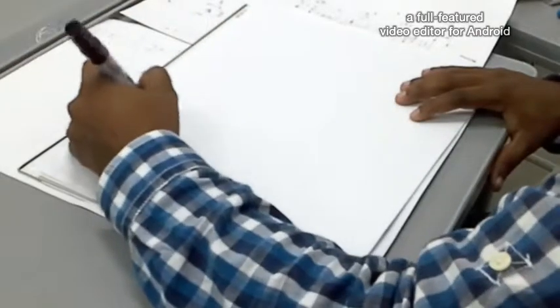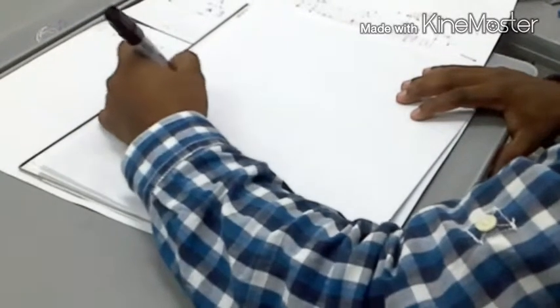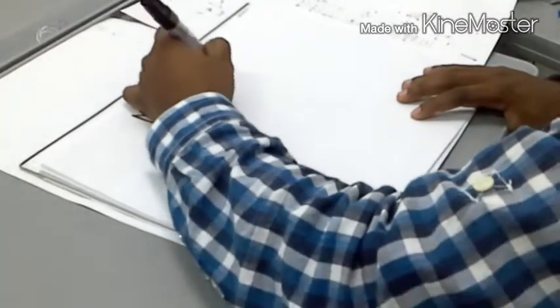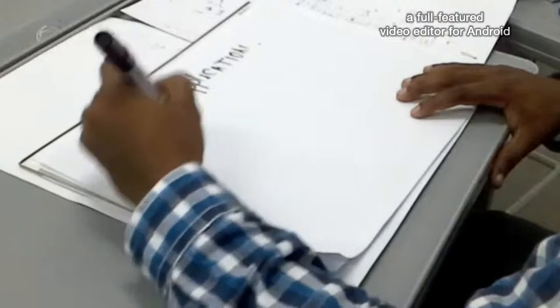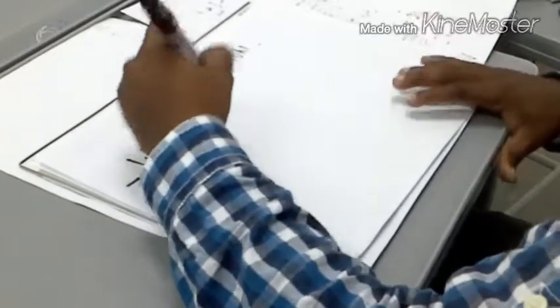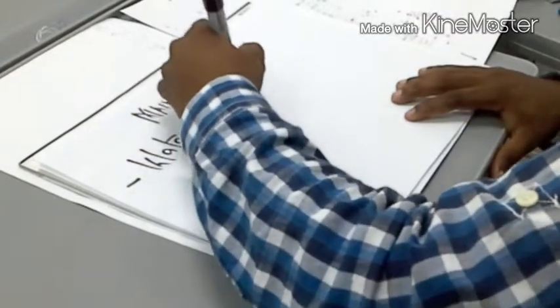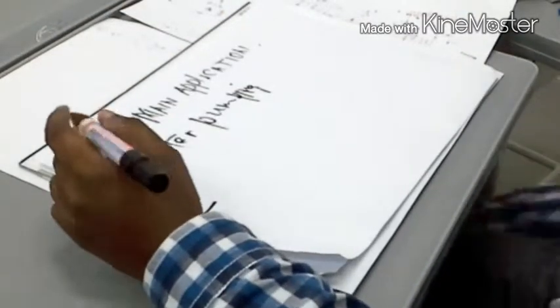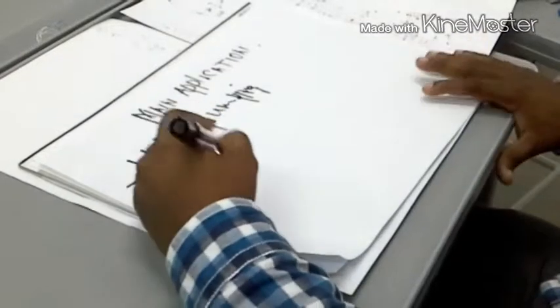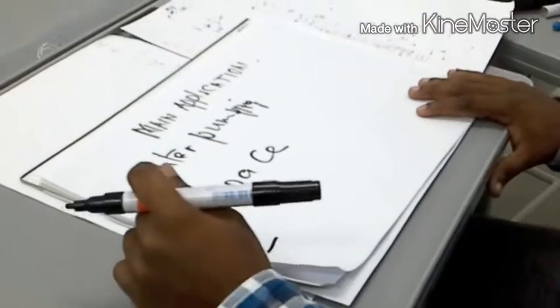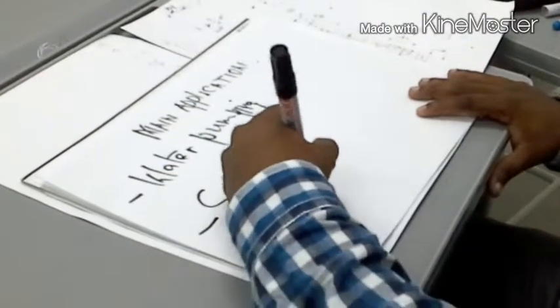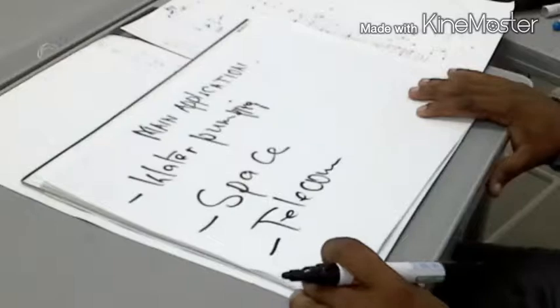Now let's see the main applications of the solar cell. First of all, we have the water pump. We can use the solar cell in water pumping. Also, a main usage of solar cells is in space, on satellites. We can also use solar cells on telecom towers to supply the transmitter and the receiver.